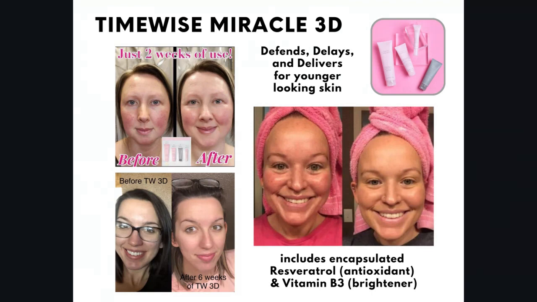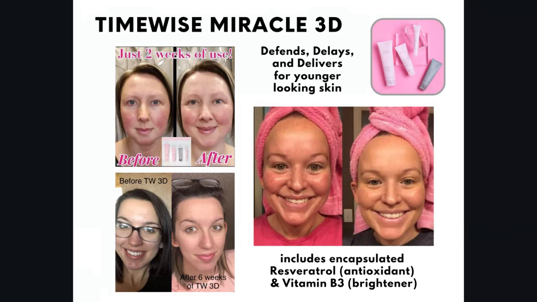The 3Ds, defending, delaying, and delivering for younger looking skin. And if you like to follow ingredients, resveratrol, y'all, that's a super antioxidant. It's also in dark chocolate and wine. Hello, red wine. So we already know the benefits of those. And then vitamin B3, which you can see from even these pictures, which is a brightener.